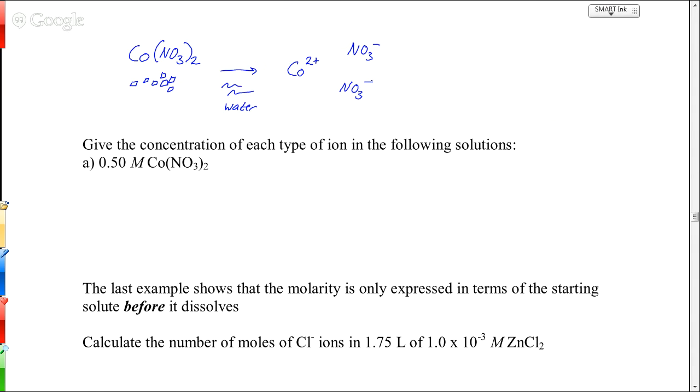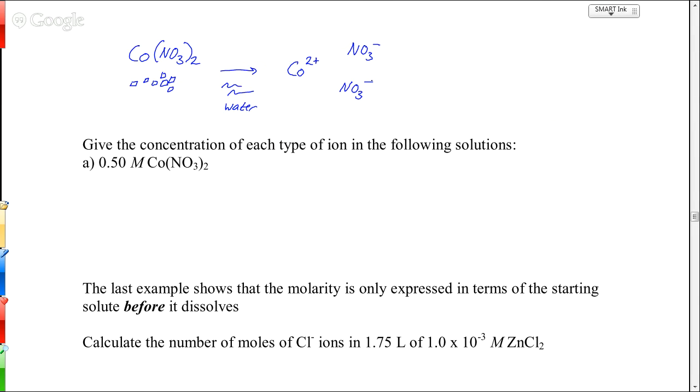When we get into precipitation reactions and types of reactions, we're going to talk about how you can tell whether or not something is going to break up in solution. But this one certainly does.